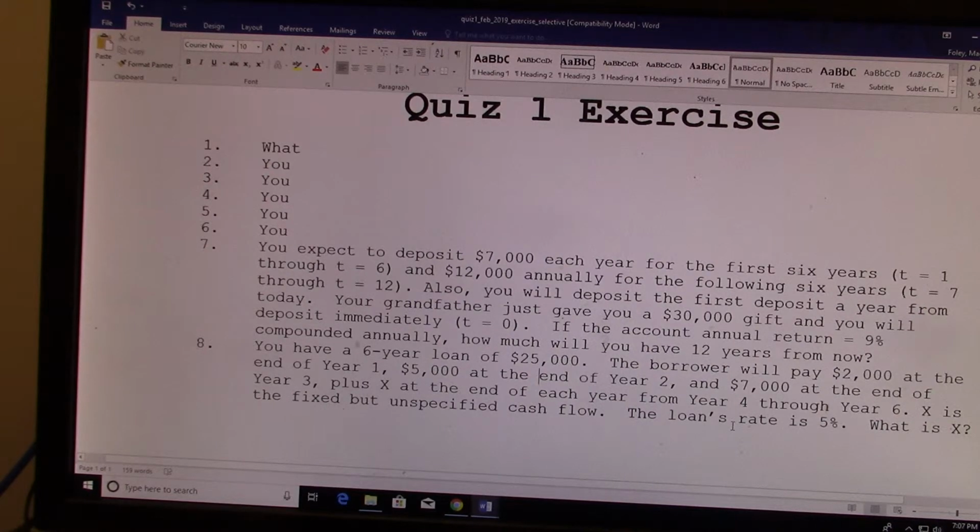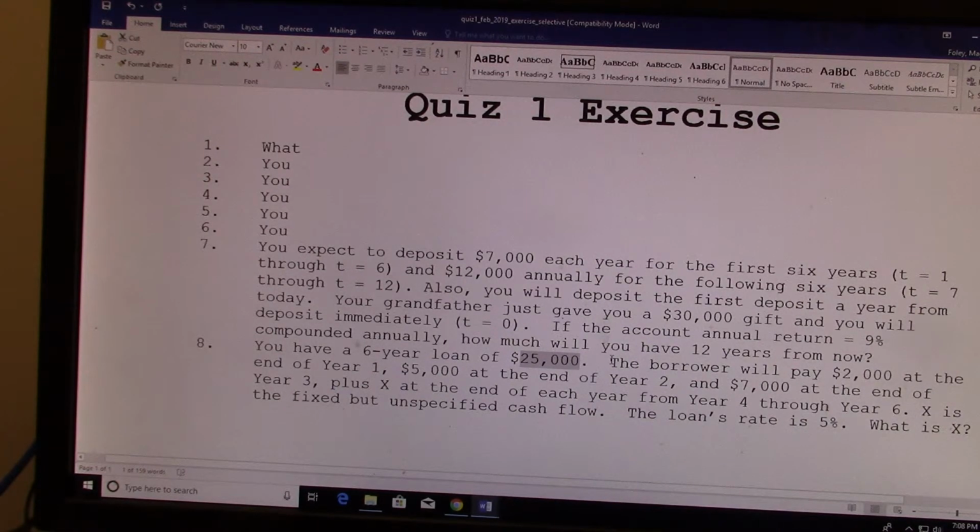Since you have a 6-year loan of $25,000, this should be the present value. This is the loan's value, and then you pay back different amounts over the next 6 years. So the payments from year 1 till the end of year 6, if you put them together, the NPV of these payments should equal this $25,000.